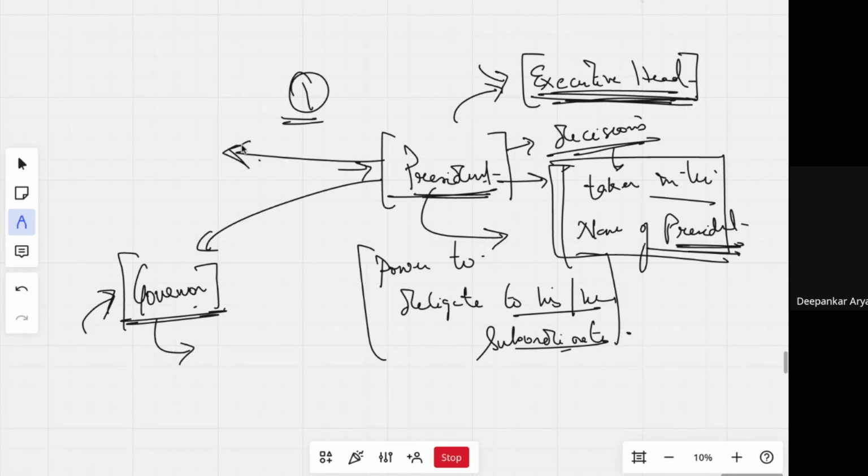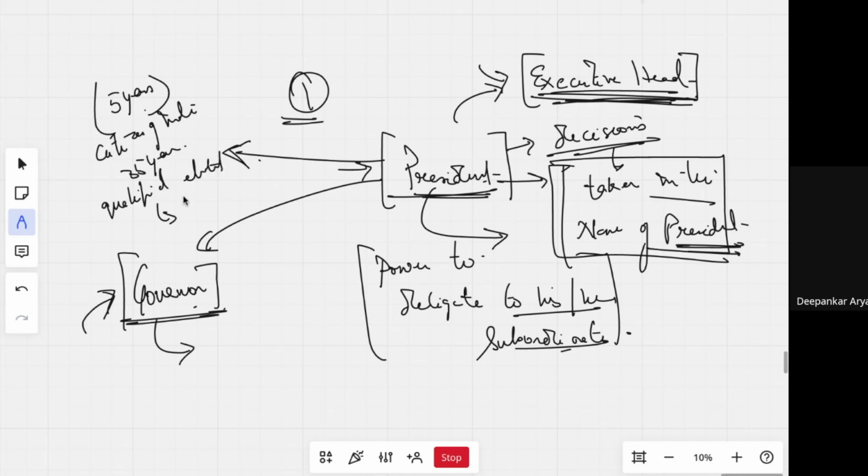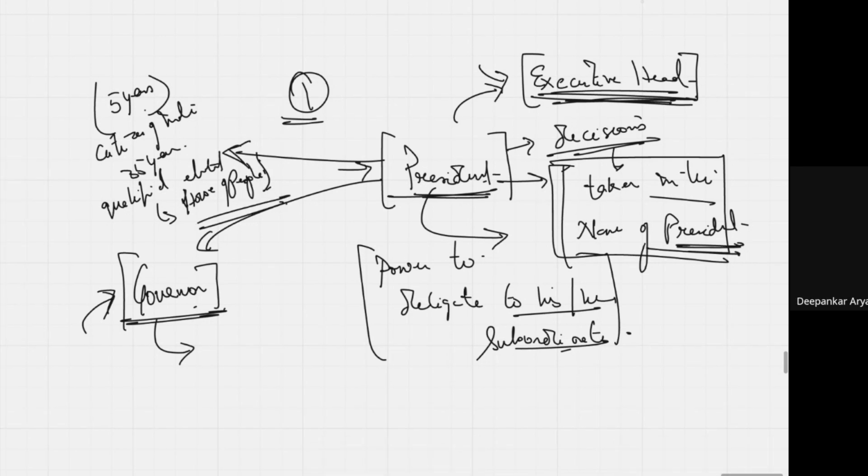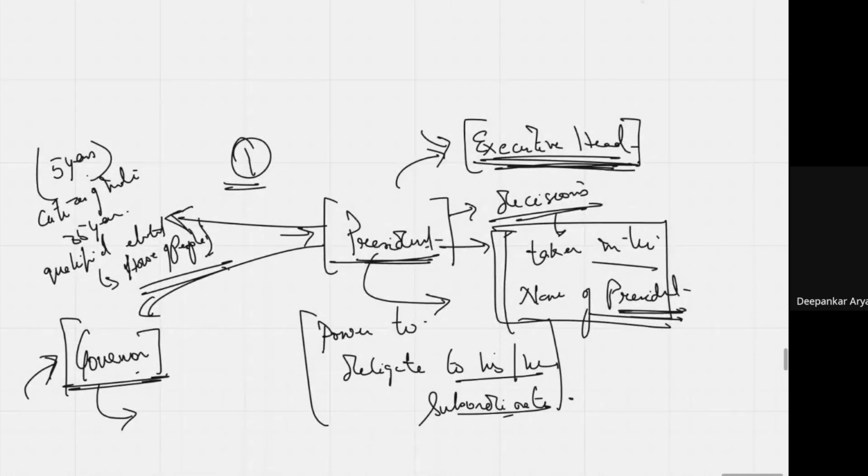The President of India gets elected for a period of 5 years. Must be a citizen of India, 35 years of age, and qualified to be elected as a member of the House of the People. Does the constitution use the term lower house or Lok Sabha? No, it does not use them. So where do you find the term Rajya Sabha used?